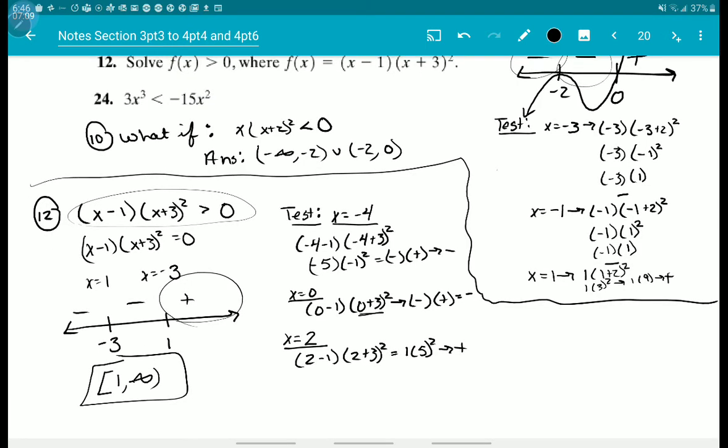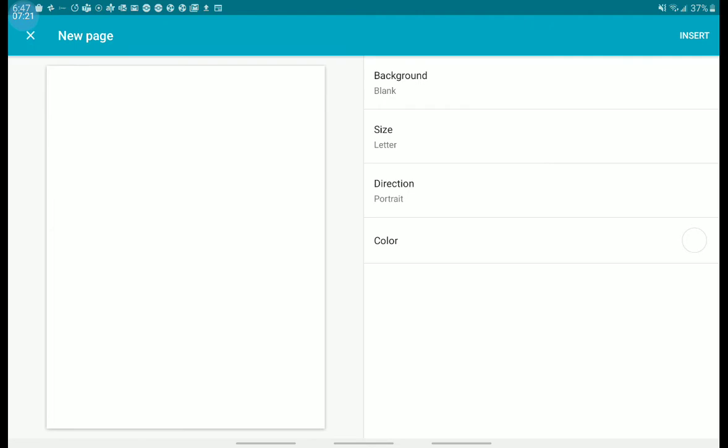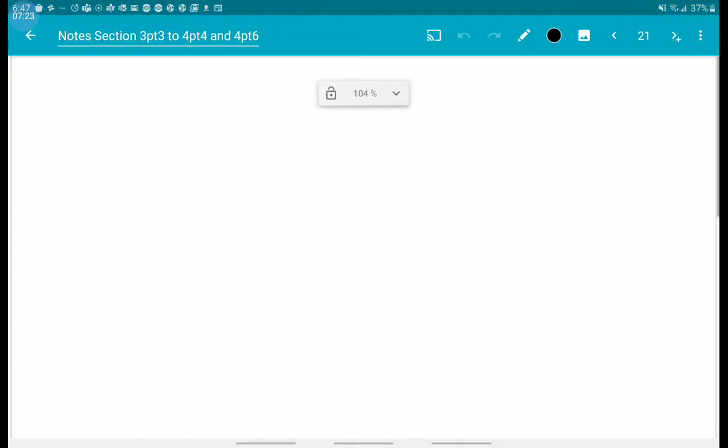And then let's look at that last one. And I'm going to copy it on the next page. So this one is not factored for us.